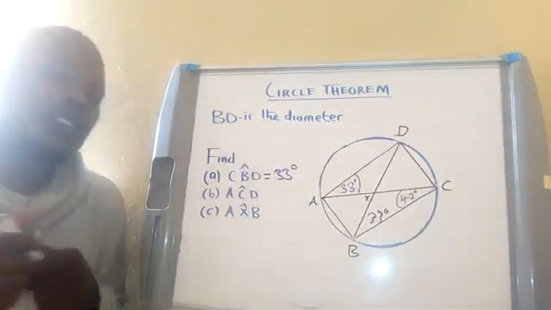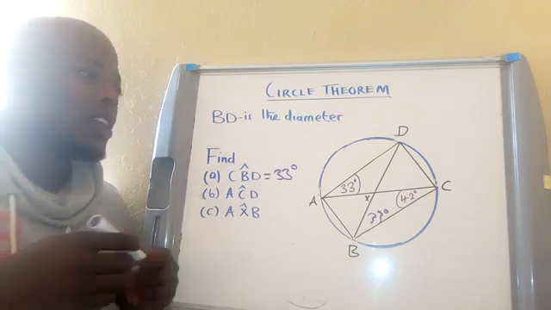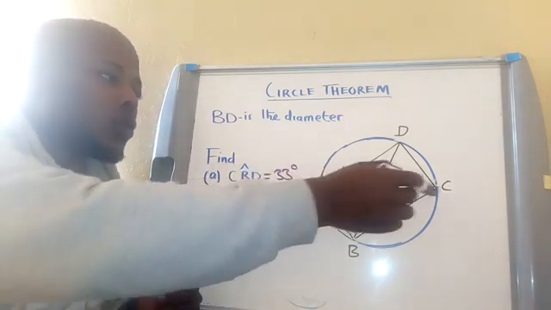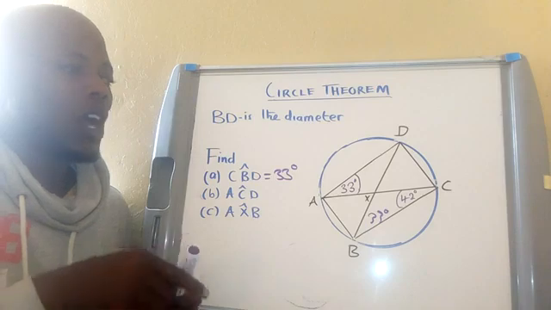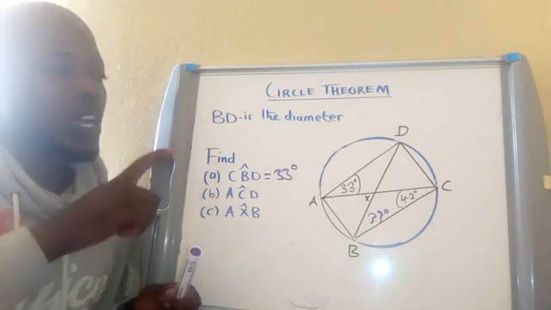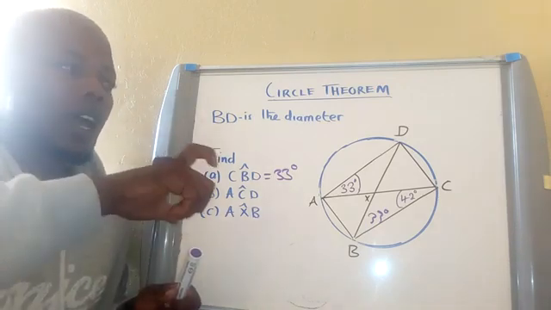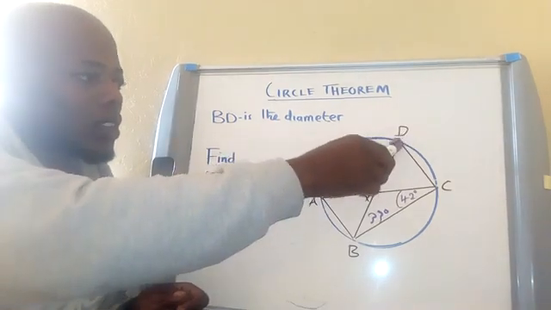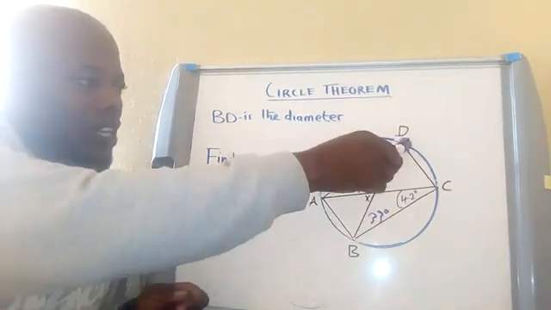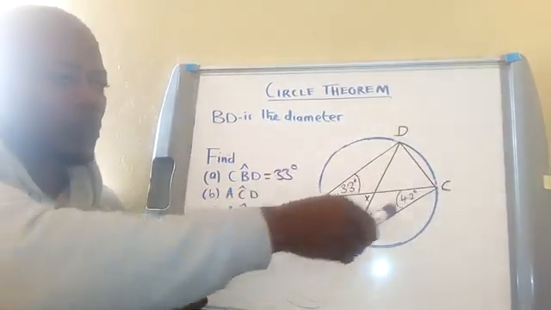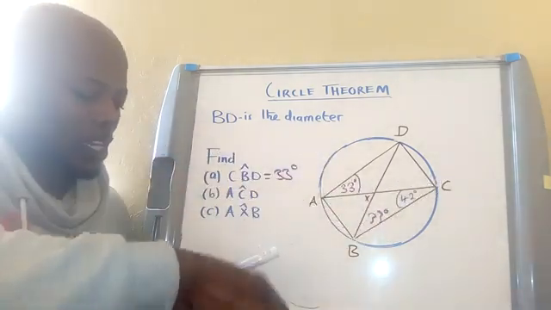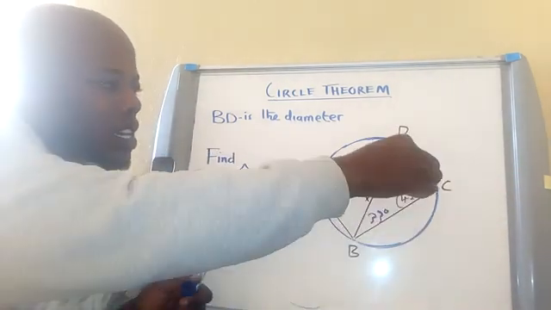So ACD, what property are we likely to use here? We are supposed to use the property of angle in a circumference formed from a diameter. So if you can see, this is a diameter, and there is an angle here which has been formed, this angle. So meaning here, it's 90 degrees.